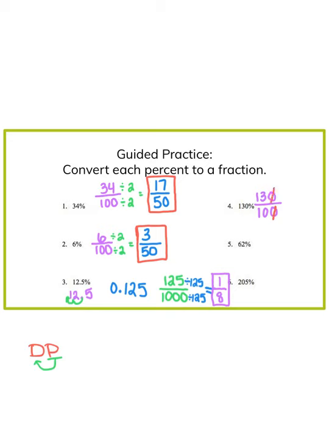So now my fraction is 13/10. But I notice that my numerator is bigger than my denominator. So I need to convert this into a mixed fraction so that it is proper.